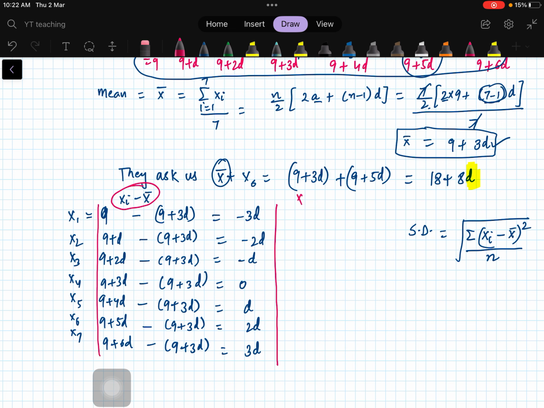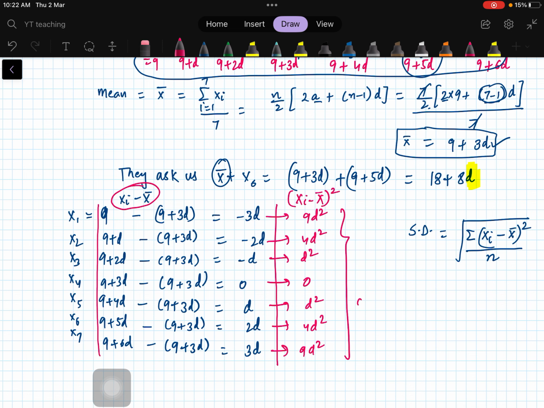Now we want to square it. So that will be 9d square, 4d square, d square, 0, d square, 4d square, 9d square. Now add them all. You can just add 9, 9, 4, 4 and 1, 1. So it is 28d square.